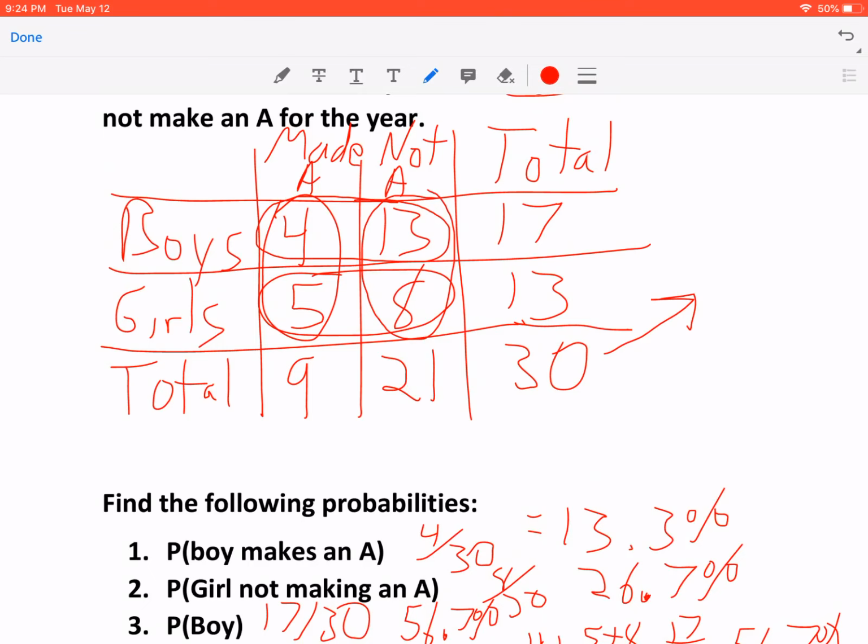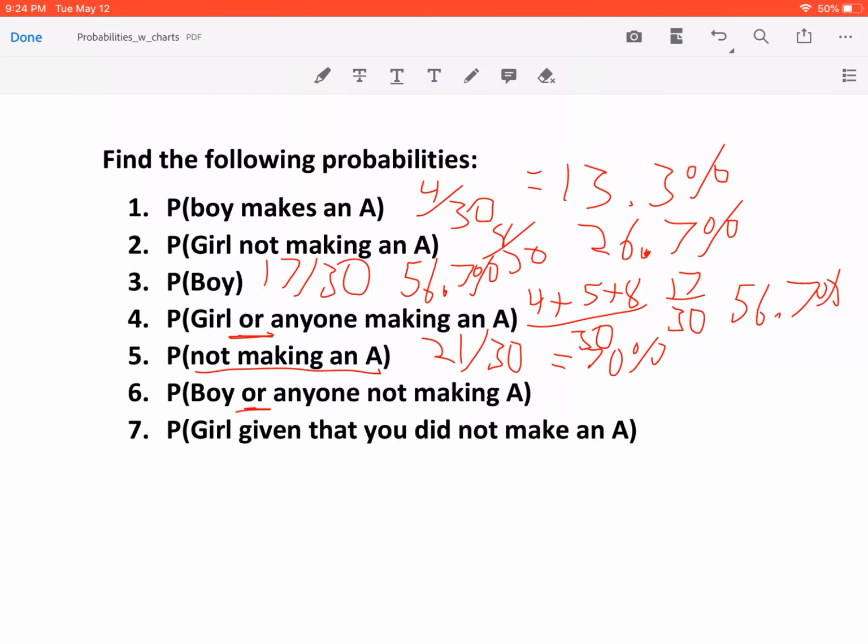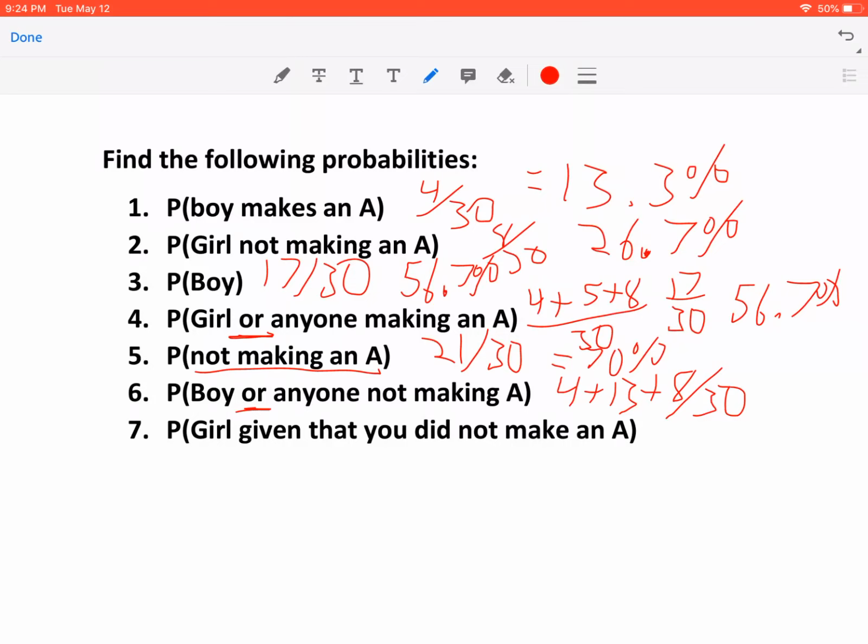So a boy or anyone not making an A should be the 4, the 13, and the 8. Divided by the total, which is 30. So let's see. 4 and 8 is 12, plus 13, that's 25 out of 30. And 83.3%.